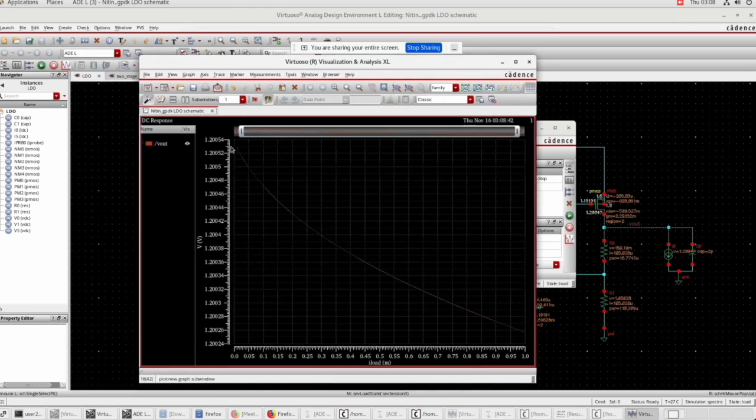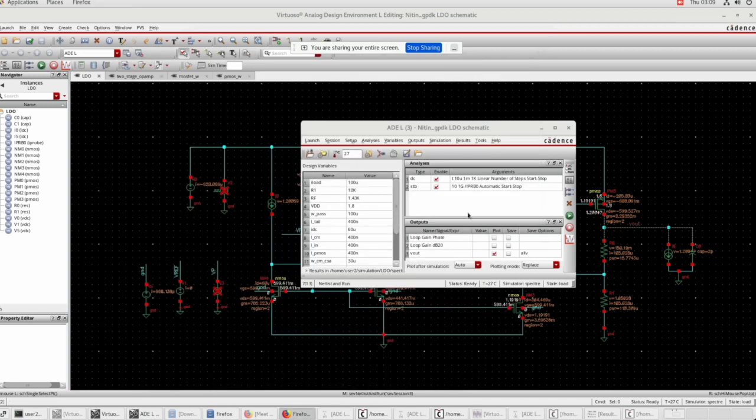At 10 microampere the voltage is this much, and at 1 milliampere the voltage is this much. The variation is around 0.3 millivolt, which is again a good value. Now we'll see both the load and line regulation together, and also these load and line regulations are static because there is no transient part in them.